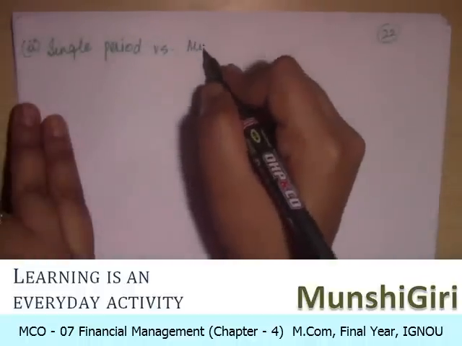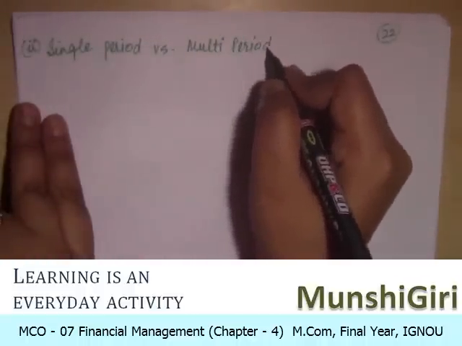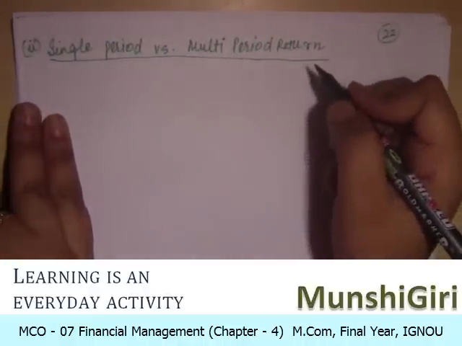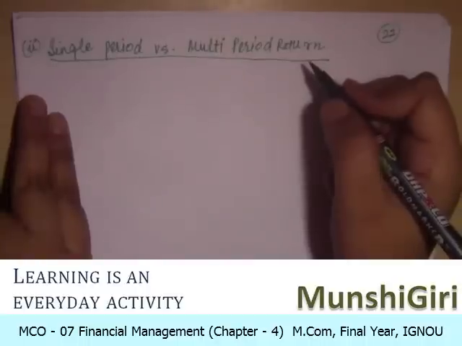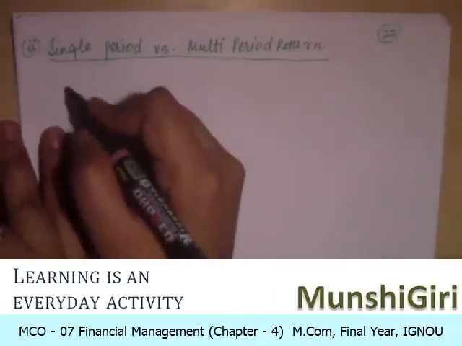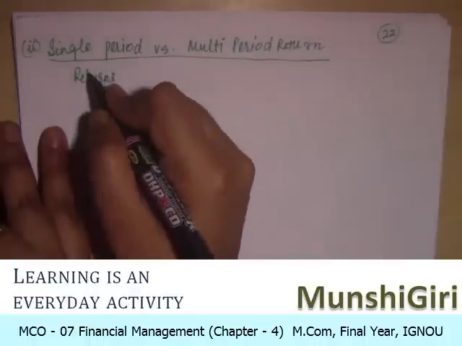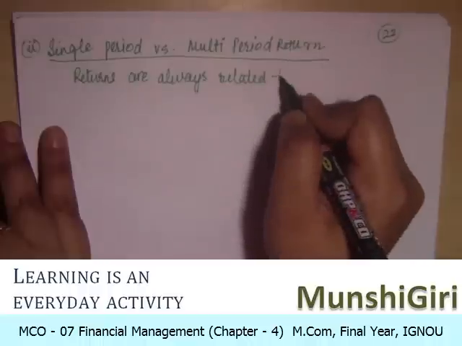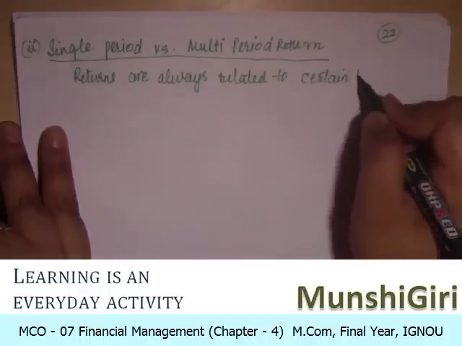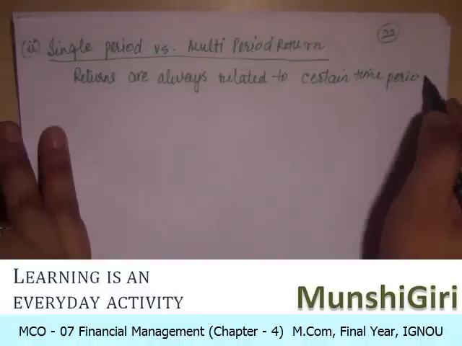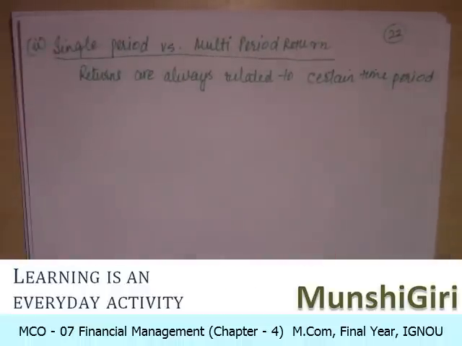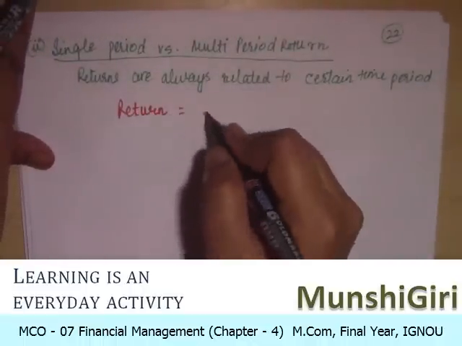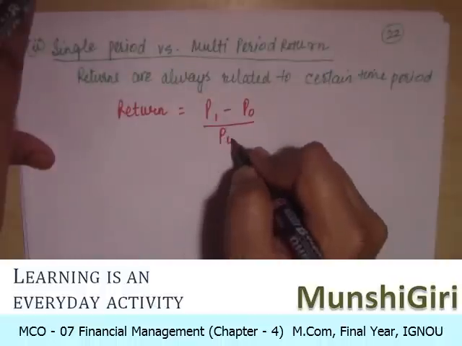Returns are always related to a specific time period. Now we have a formula for calculation of return. This is return is equal to P1 minus P0 divided by P0.